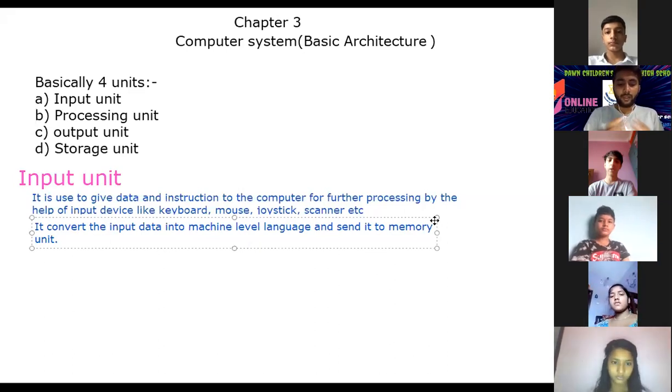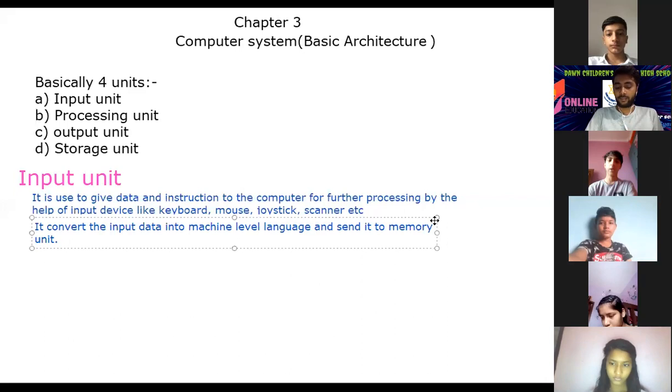Then see there, the main functions of the input unit are as follows. Page number 21. Okay, see here, accepting or reading raw data like letter, photo, sound, light, heat, etc. That means it will accept the data and instruction from the user through an input device in the form of letter, photo, sound, and light. Anything is input data.